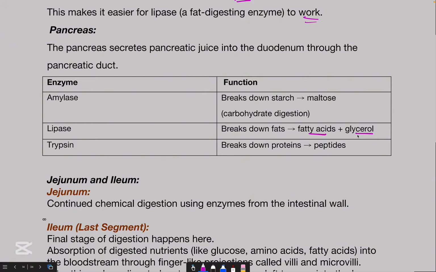Fatty acids and glycerol. That's the correct answer. Then trypsin breaks down proteins into peptides. These are the chemical processes that take place in the small intestine.